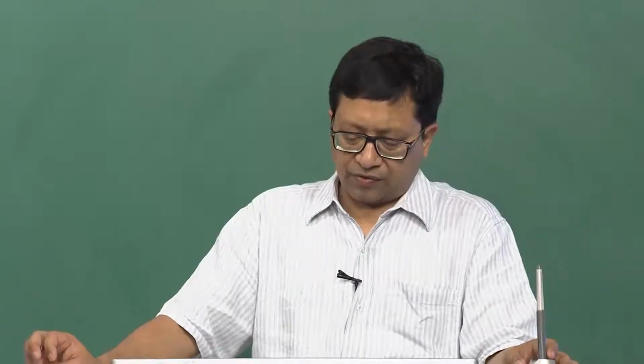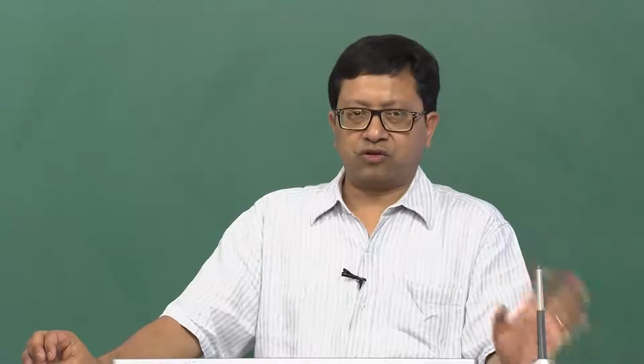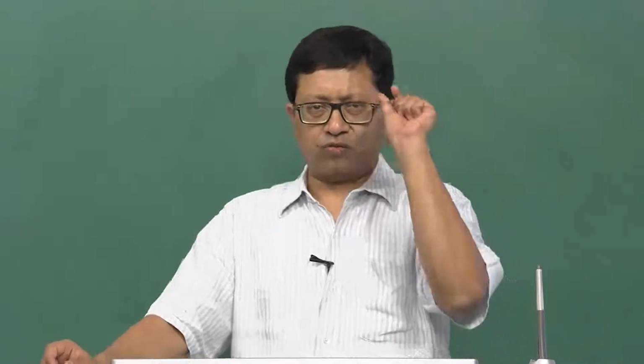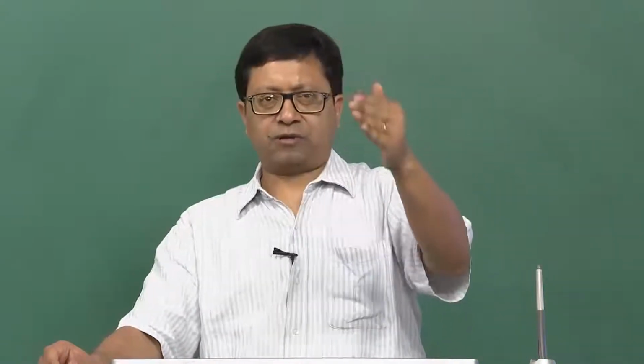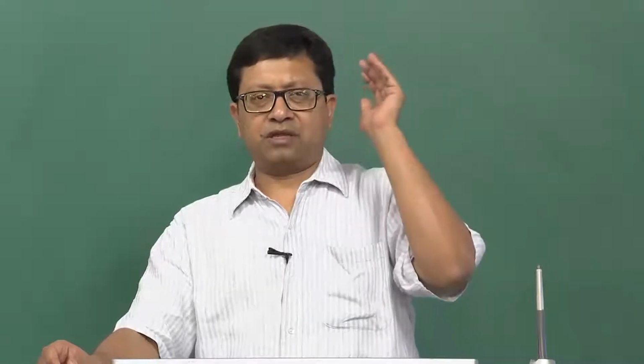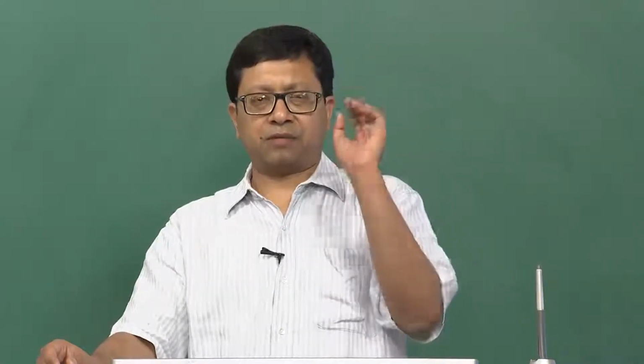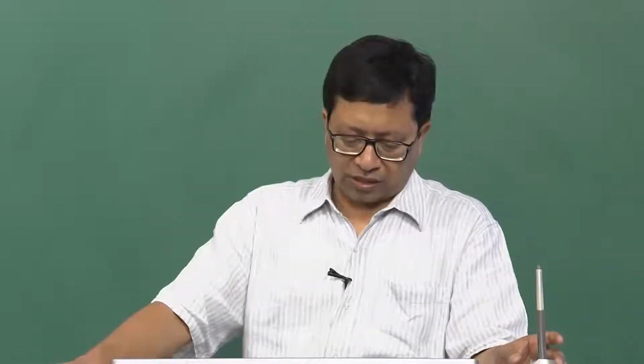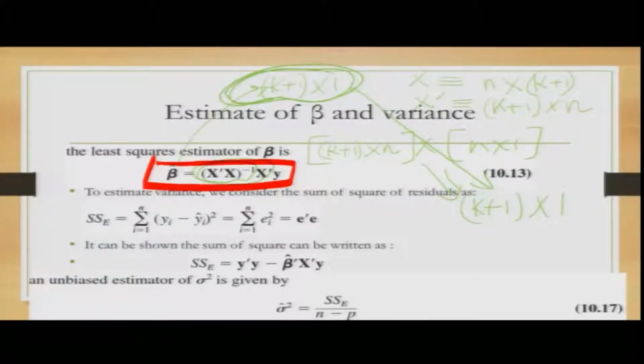To estimate the variance, we consider the sum of the squares of the residuals. As I mentioned, we take the actual value of y minus the estimated value of y, find the difference, which can be positive or negative, then square them up and sum the errors. This is the actual value, this is the estimated value, we square them up, sum them up.